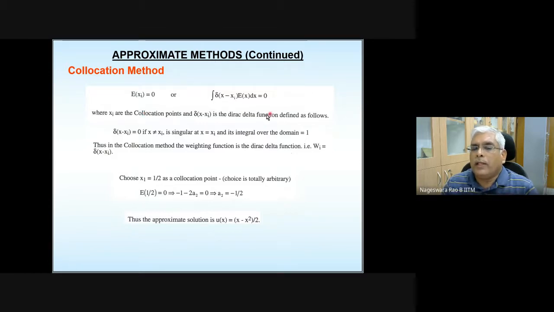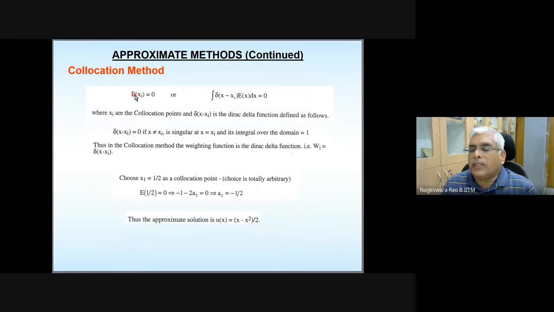You can read this one. Thus, in the collocation method, the weighting function is the Dirac delta function, Wi equals delta x minus xi. This is how the weight function is defined.